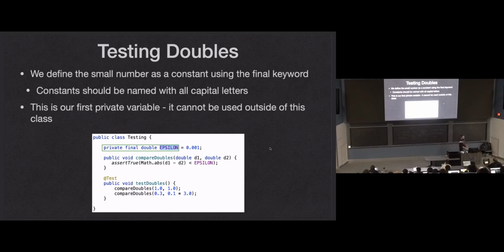So whenever I'm using this value down here and I see something with all capital letters, I know that's a constant value. I don't have to go look up at the definition and check if it's final. I know it's a constant because of its name being all capitals. And that's one way that developers communicate to each other. It's one way I communicate to anybody reading this code. Epsilon is a constant and should never be changing. Don't try to change it.